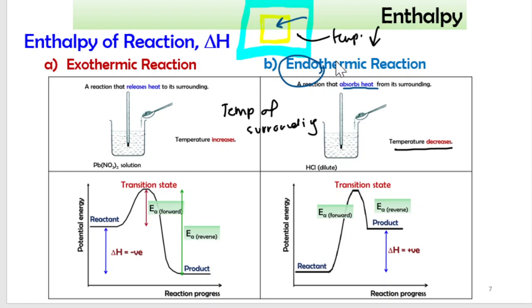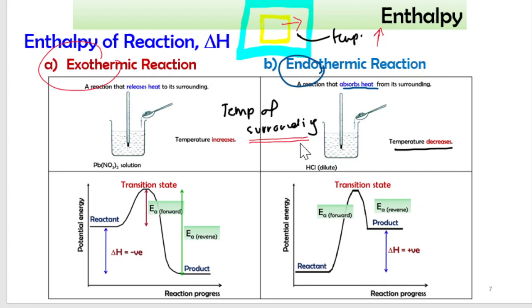But what if your reaction is exothermic reaction? So bila exothermic reaction, heat is released daripada sistem, dia akan bebaskan heat to the surrounding. That is why we can observe, bila kamu letak thermometer, kamu akan tengok bacaan suhu, temperature will increase, because the keyword here is we are measuring the temperature of your surrounding.